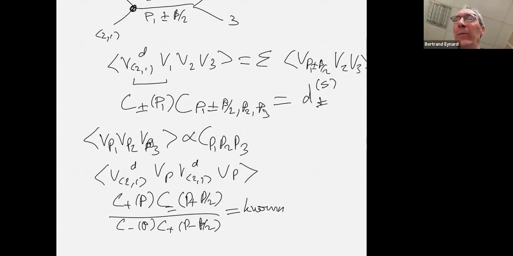So here I'd like to know what you think. Do we have enough information to determine C plus minus uniquely now? It's just a yes or no question. We could even do a poll. Who thinks it's yes? Who thinks it's no?